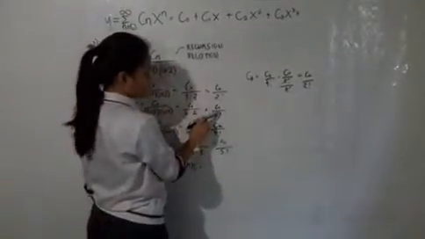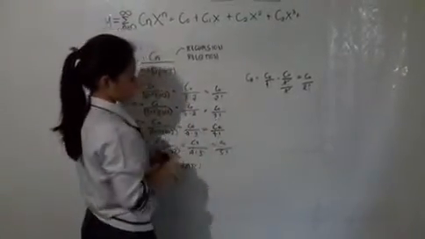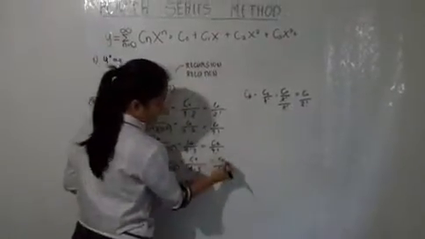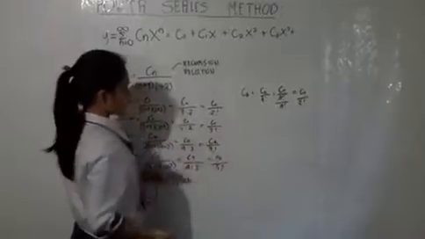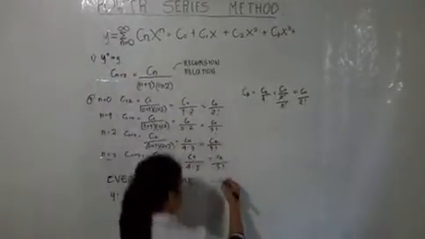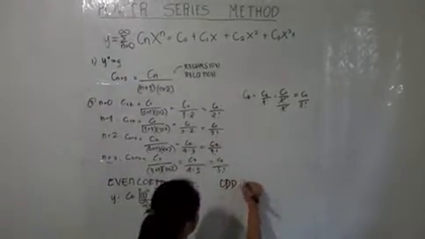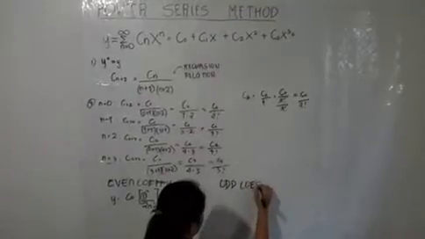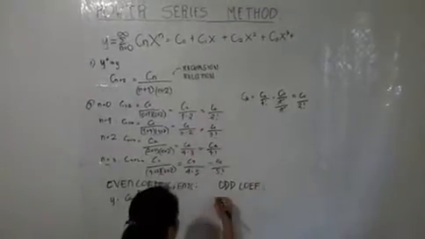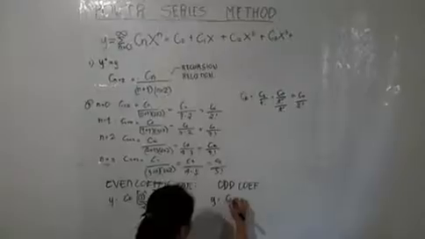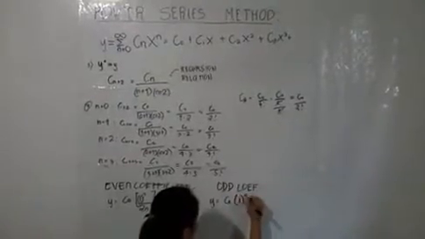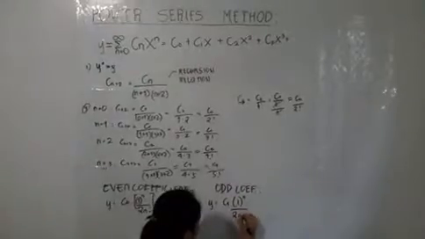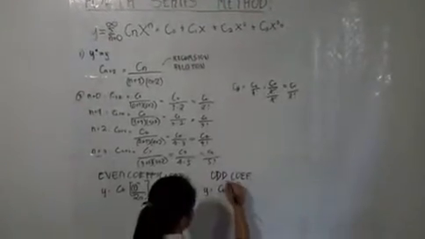We notice that c1 over 3 factorial is an odd number, and c3 over 5 factorial is also an odd number. So we can derive our odd coefficients. We have y is equal to c1 times (1 raised to n) over (2n plus 1) factorial.